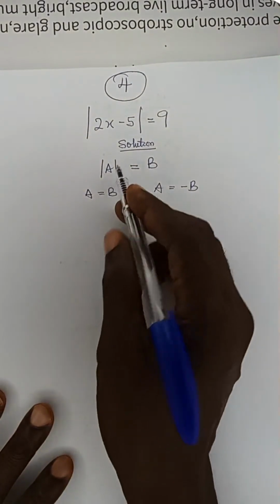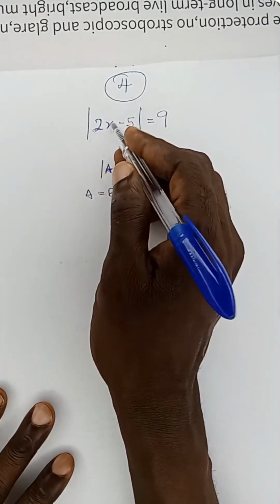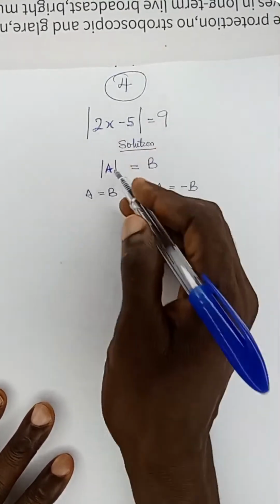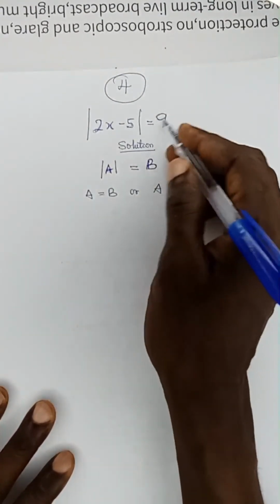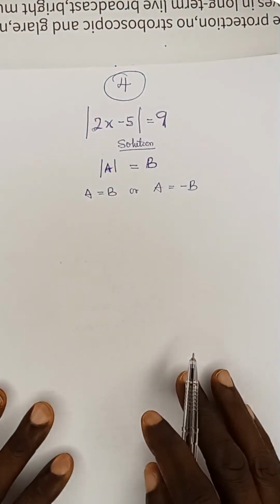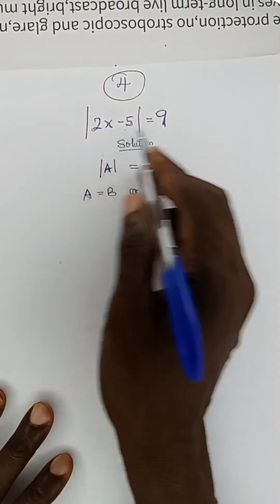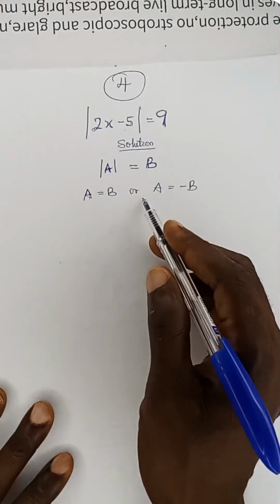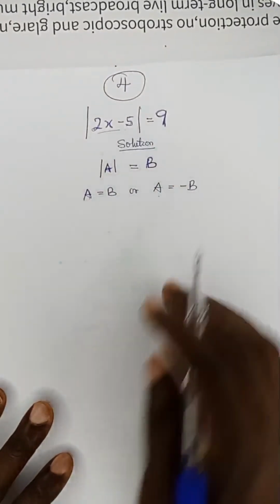What it means is that this A is represented by 2x minus 5. That is what the A is. And the B is 9. Then we have A equals B, you take this equals to this. Or the second answer will be A equals minus B, that is this equals minus this.